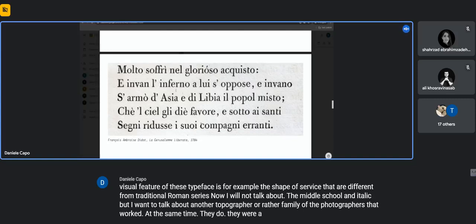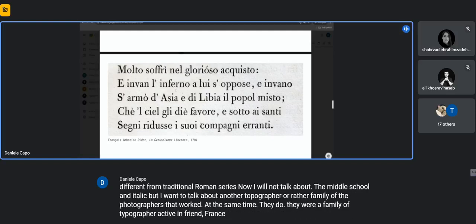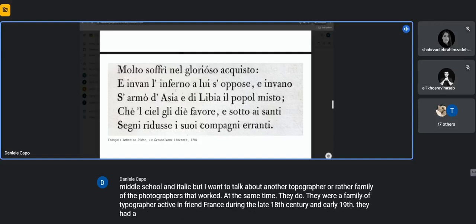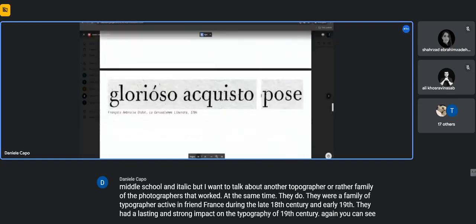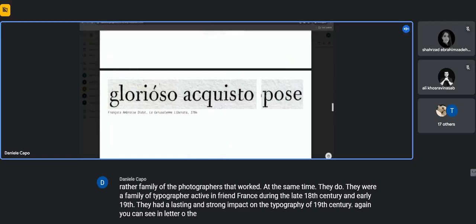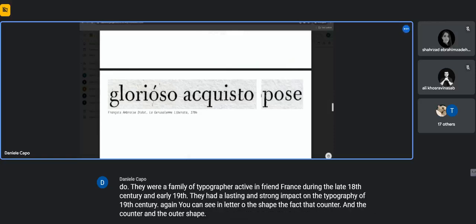They were a family of typographers active in France during the late 18th century and early 19th century. They had a lasting and strong impact on the typography of the 19th century. Again, you can see in letter O that the counter and the outer shape are aligned.